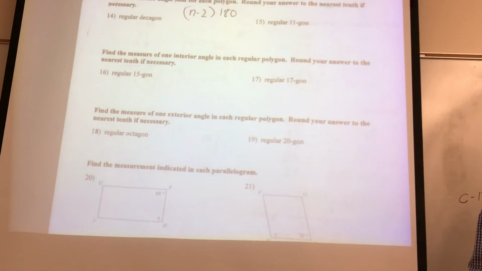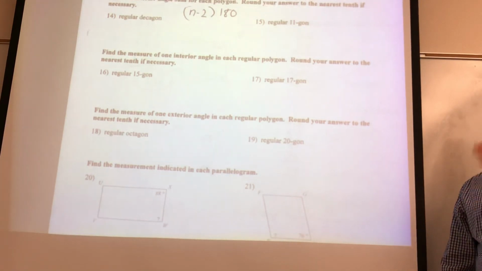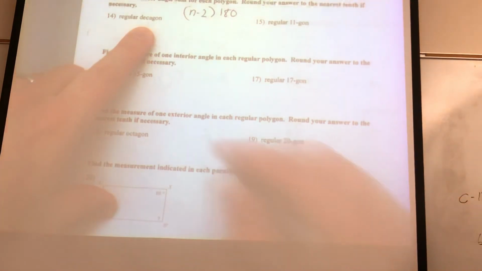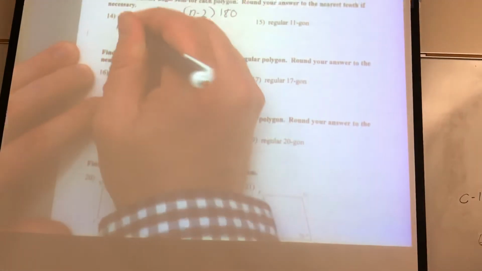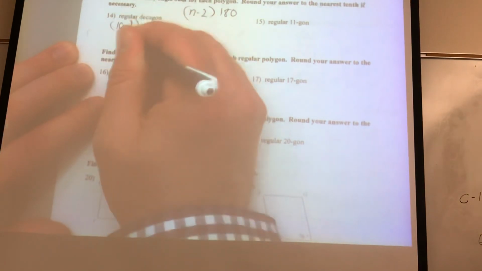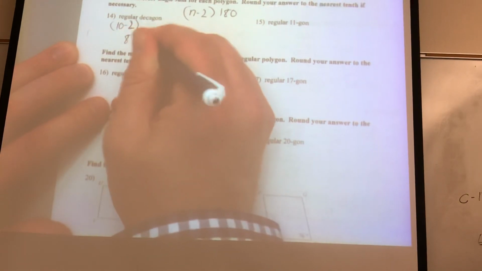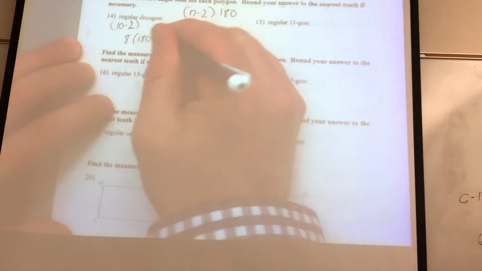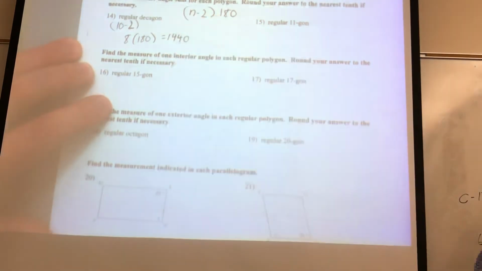I know that a square is 360, so it just keeps going up by 180 every single time past that. A decagon is going to be 10 sides, so 10 minus 2 is going to give me 8 times 180. So 180 times 8 will give me 1,440.